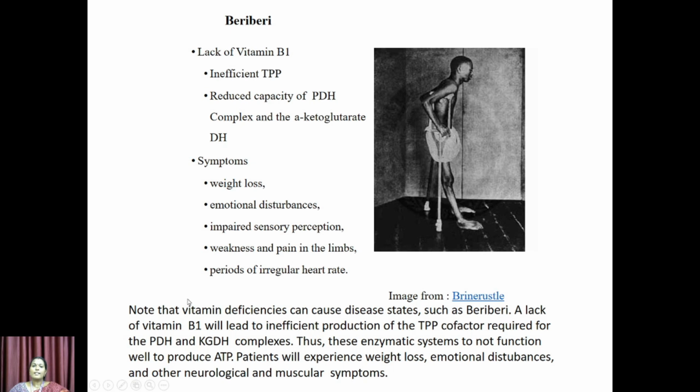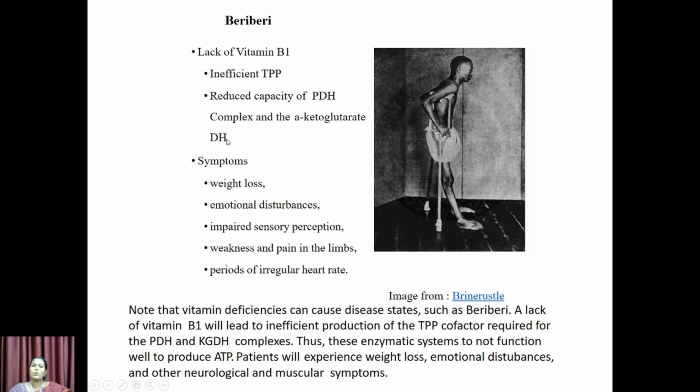Notes: vitamin deficiency can cause disease states such as beriberi. A lack of vitamin B1 will lead to inefficient production of TPP cofactor required for PDH and alpha ketoglutarate DH complexes, reducing the capacity of PDH and alpha ketoglutarate dehydrogenase.